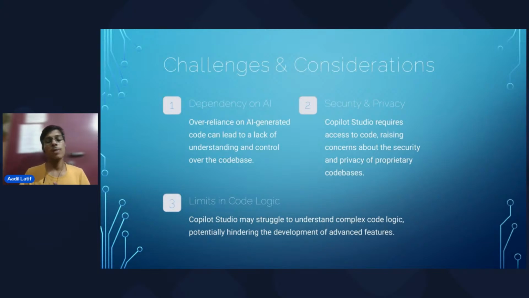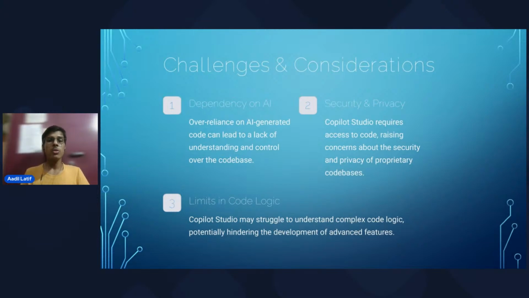Then there is quality. The quality of suggestions from Copilot Studio can vary from you, from me, from anyone. In certain cases it may produce high quality, efficient code, while in others it may suggest very bad quality or wrong code.